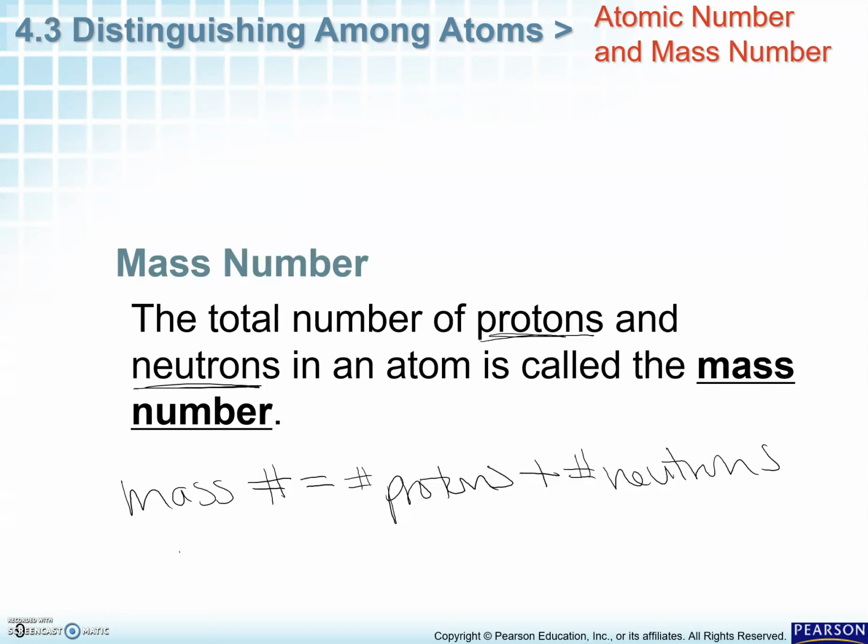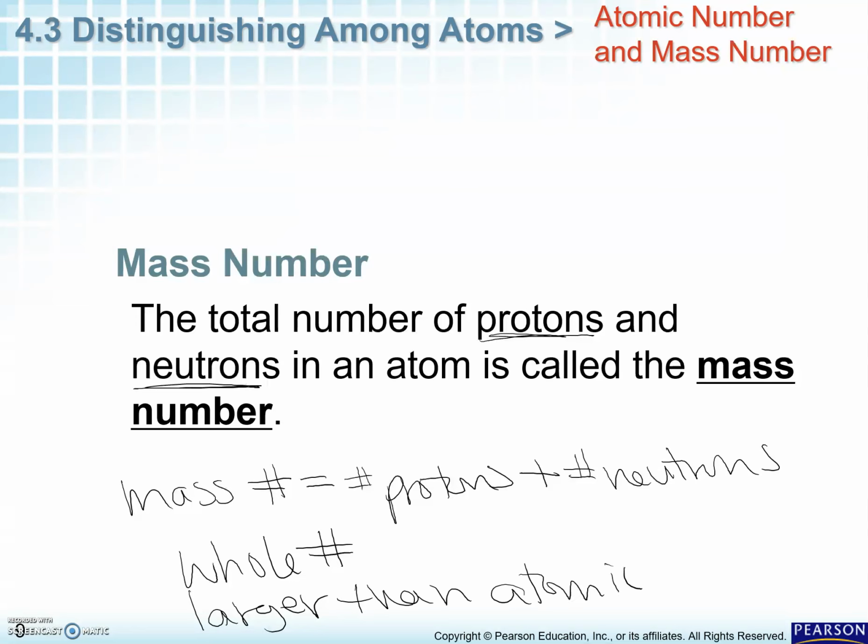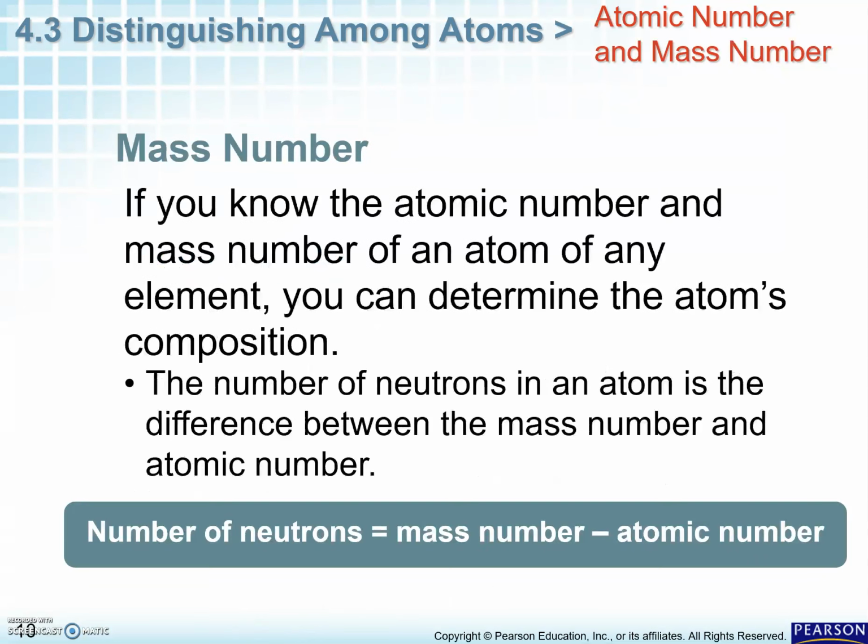This number will always be a whole number, meaning that you will not have a decimal. It also will be larger than our atomic number, since our atomic number is the number of protons by itself. So if you know the atomic number and you know the mass number, you can determine exactly what's happening in that atom.